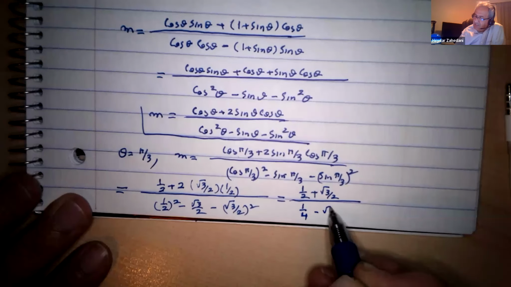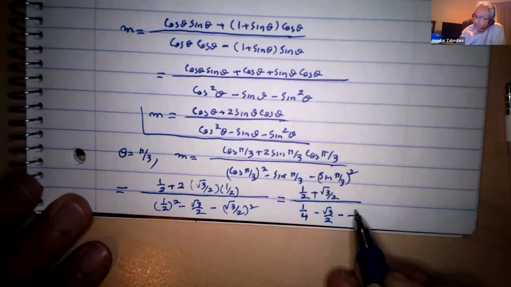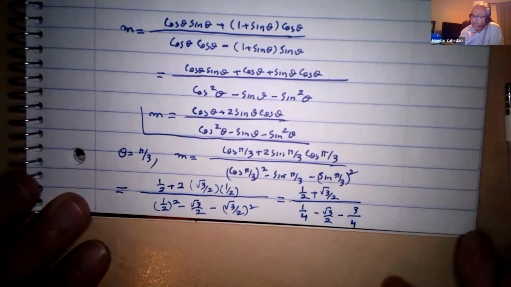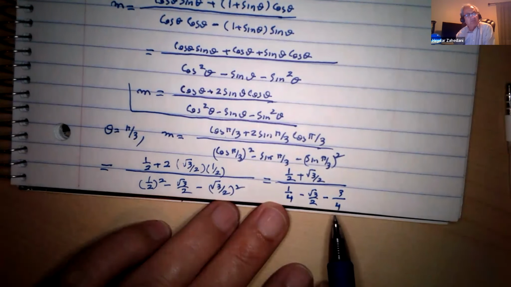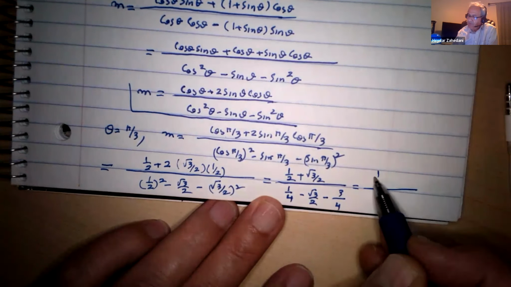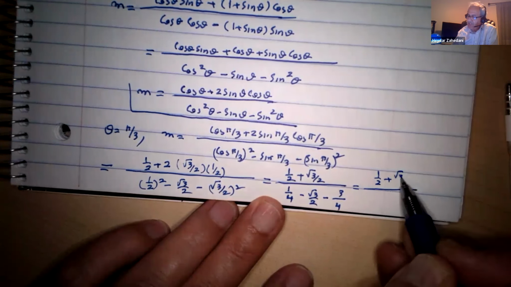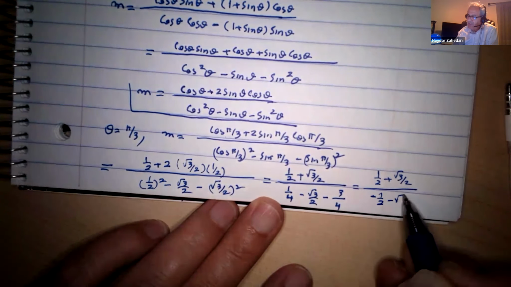This is minus radical 3 over 2, and minus radical 3 squared would be minus 3/4. Okay, now 1/4 minus 3/4 would be negative 2/4, which is negative 1/2. So the top would be 1/2 plus radical 3 over 2. The bottom one would be negative 1/2 minus radical 3 over 2.